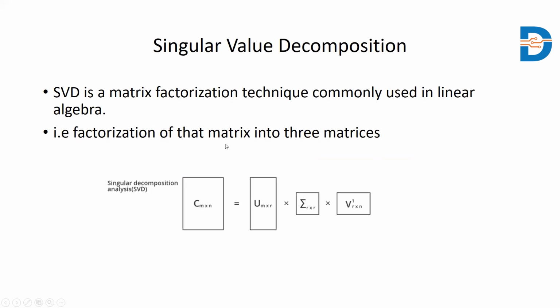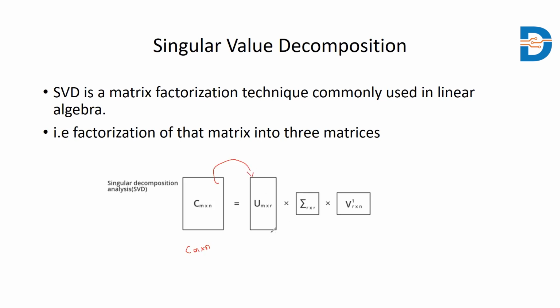The next one is singular value decomposition. Singular value decomposition is a matrix factorization technique commonly used in linear algebra. It is the factorization of a matrix into 3 matrices. See, here I have a matrix of size m into n. After that, I have applied the SVD technique on this.